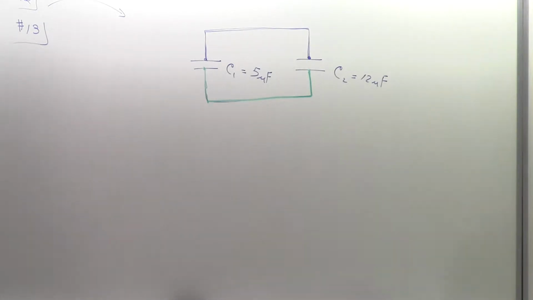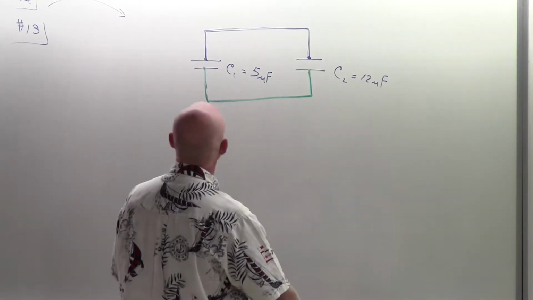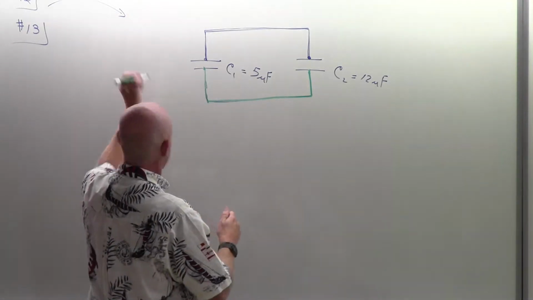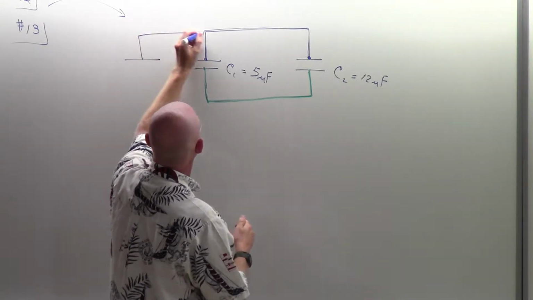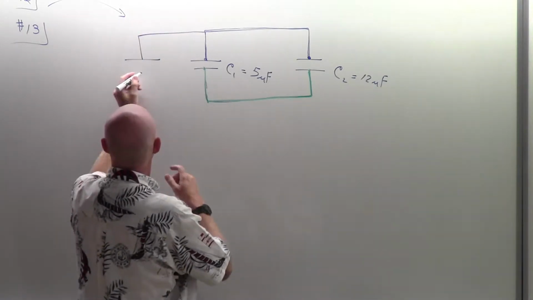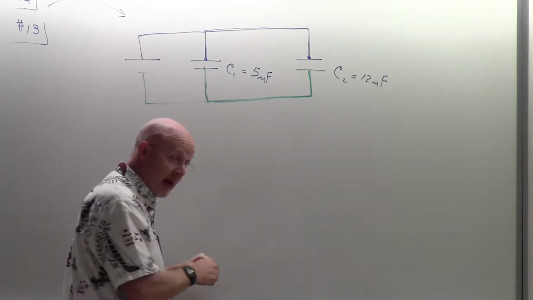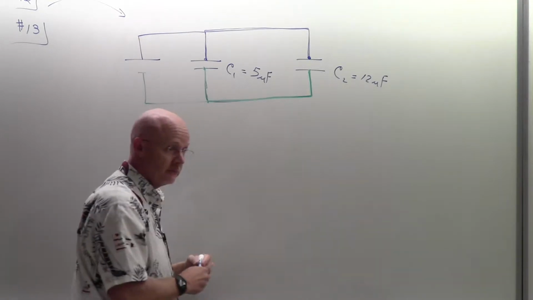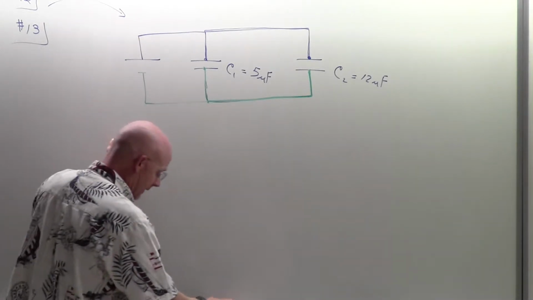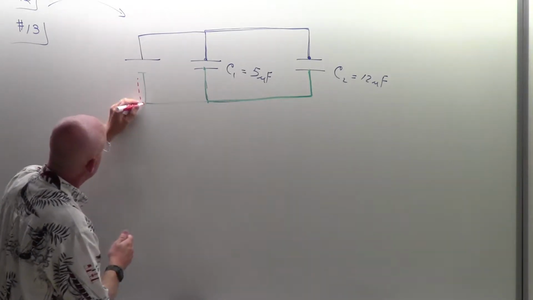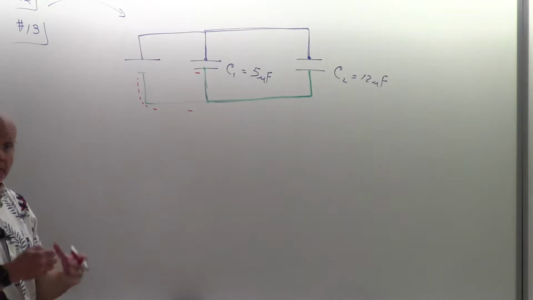We called them parallel because if you were hooking them up, maybe you better stick to that color again, and I was connecting them with a battery, then the electrons that come off of this battery here can move along, and as we said, the first one might go on capacitor number 1.